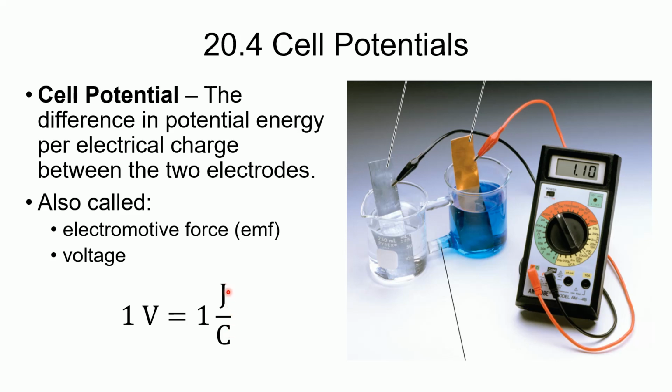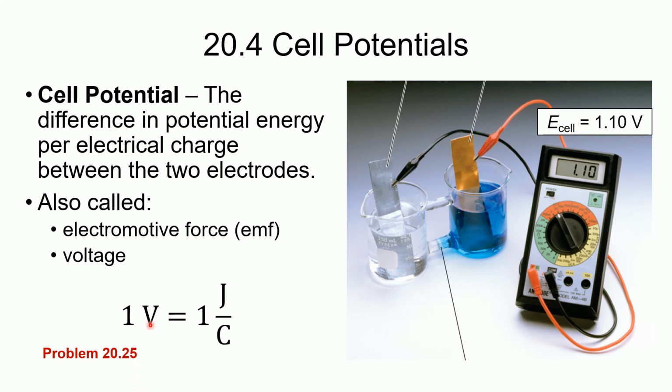So a joule per coulomb is our official SI unit for cell potential. And we use volts for all kinds of things. And then here we'll find that this particular voltaic cell has a cell potential of 1.10 volts, meaning 1.10 joules per coulomb of electricity that flows through that circuit.